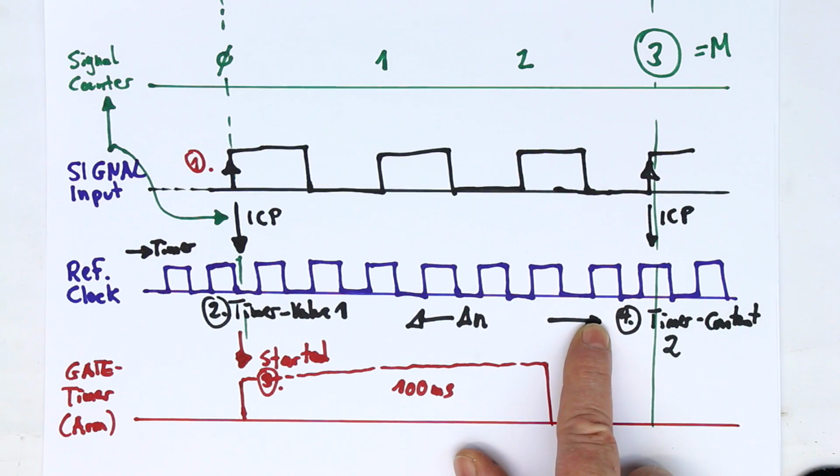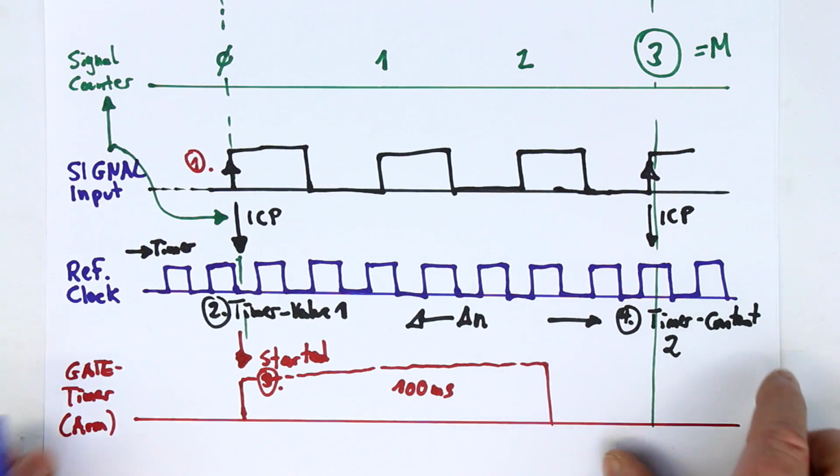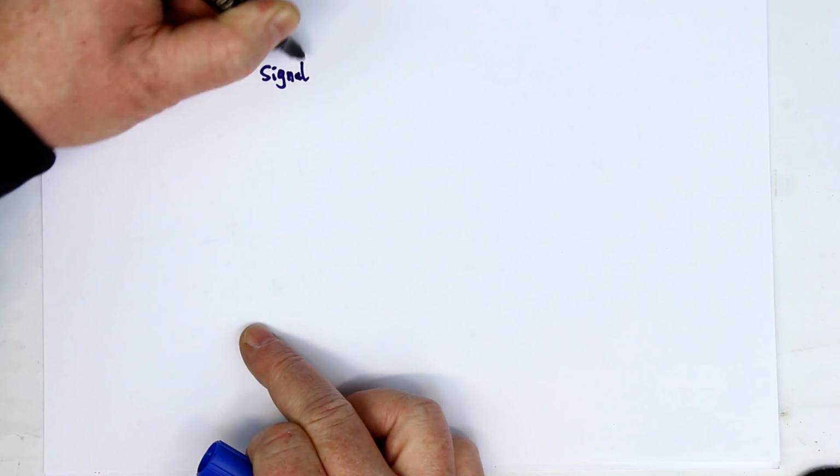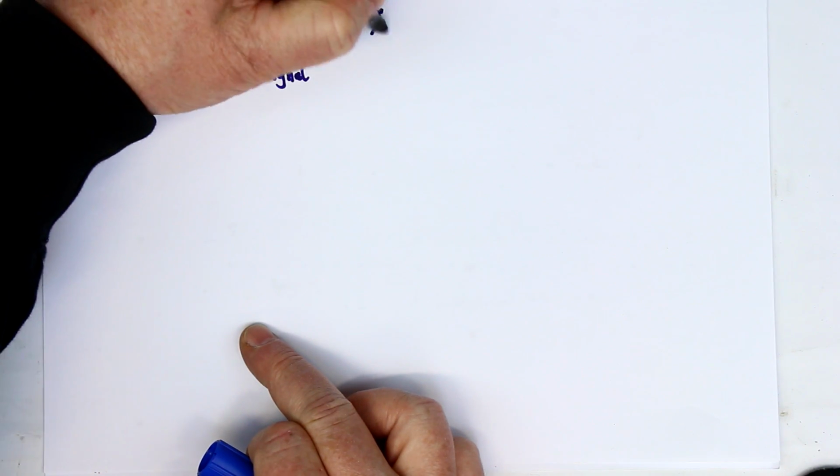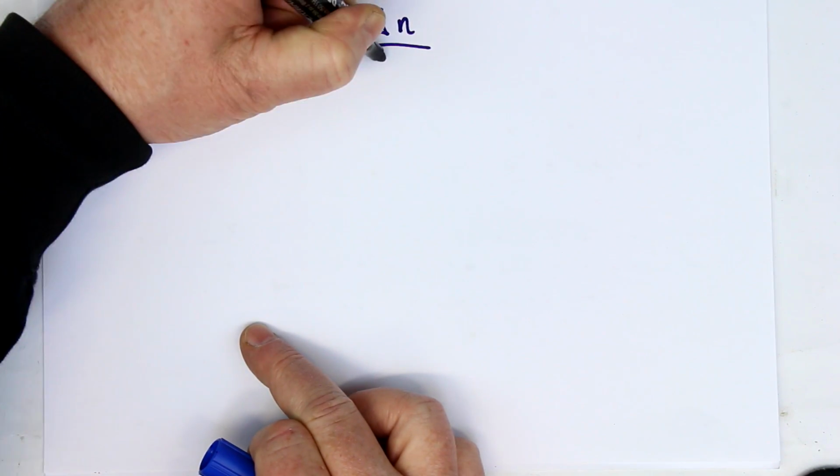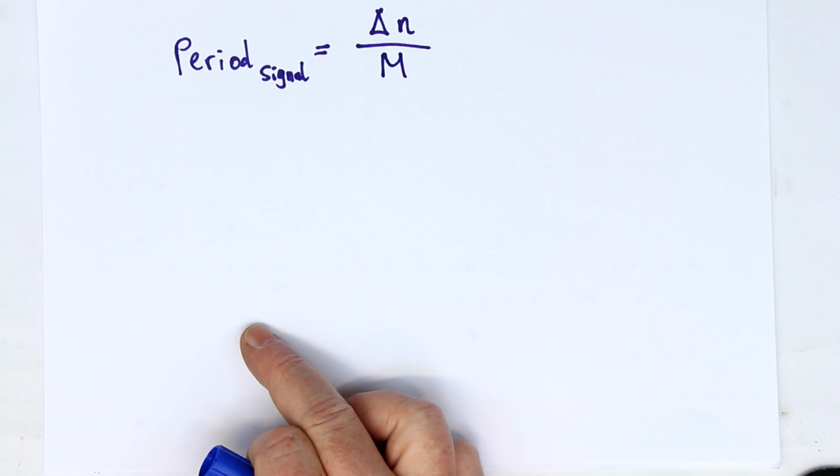You just have to divide these two values, and the period of your signal is simply delta n divided by m.